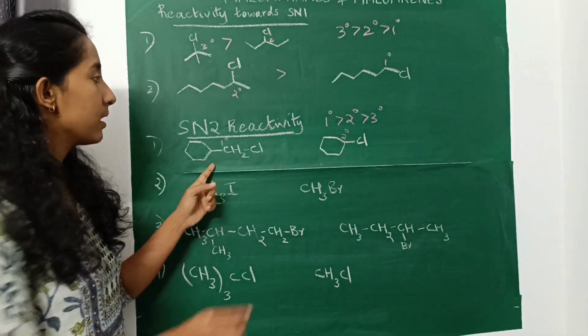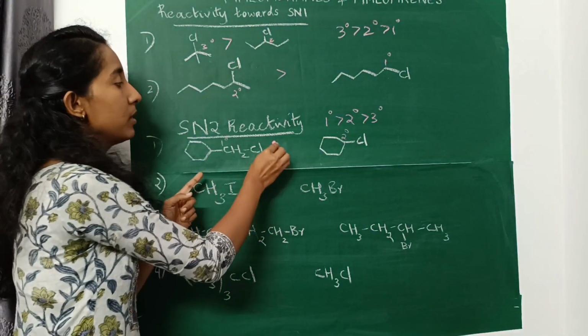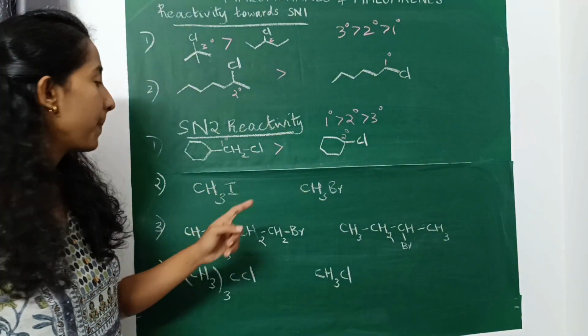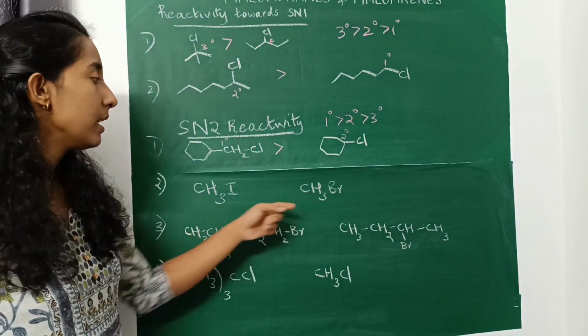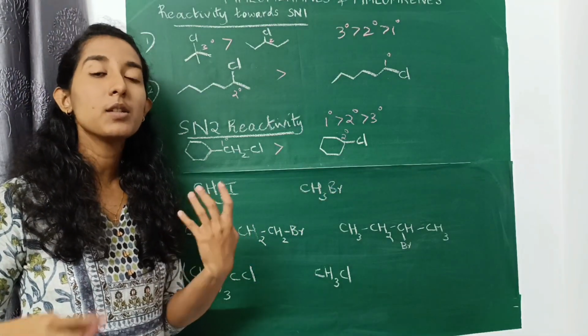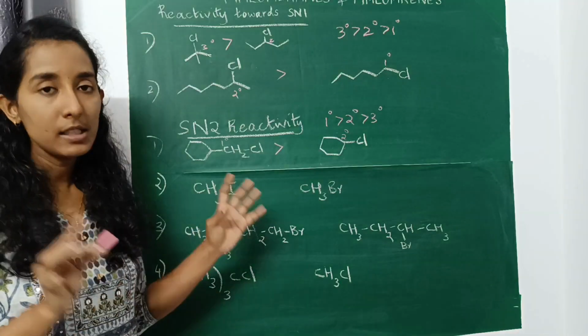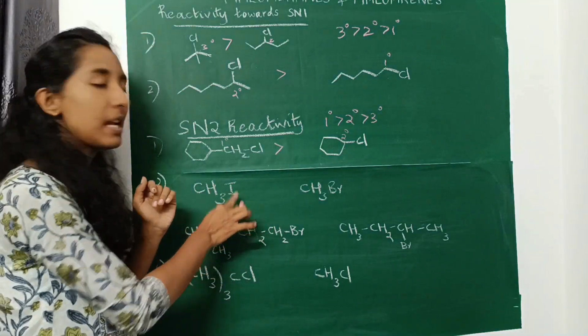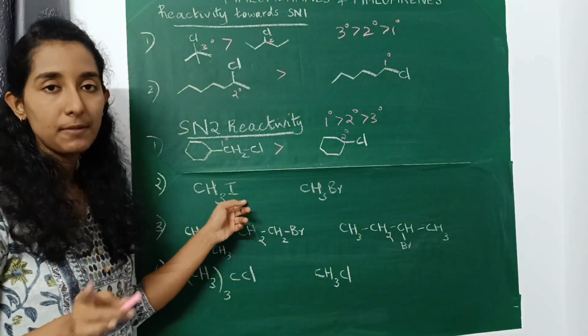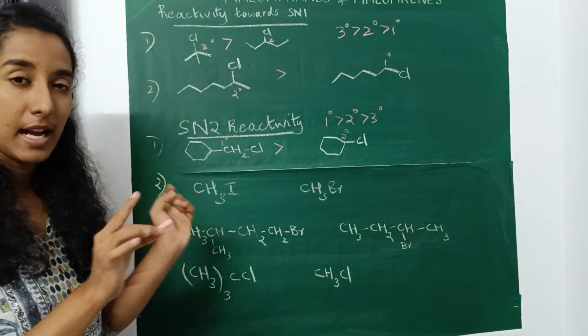So in this case, this is the order. Since this is primary, it will have a higher reactivity. Okay. And in this case, you can see CH3I, CH3Br. See, iodine is a good leaving group. So in SN2 reactions, iodine is basically a good leaving group. Due to this reason, this reaction will proceed faster, like the substrate having this alkyl halide.